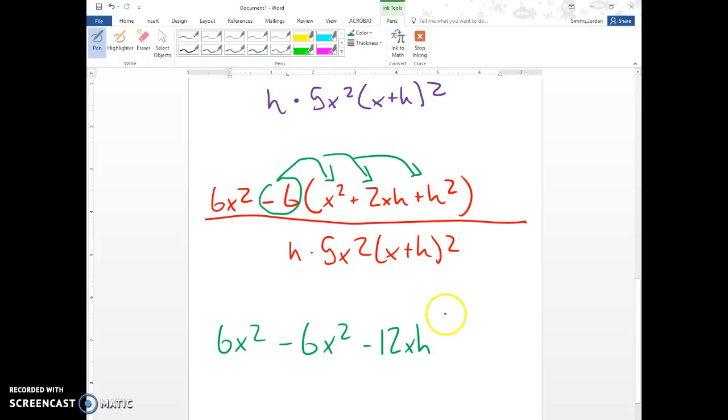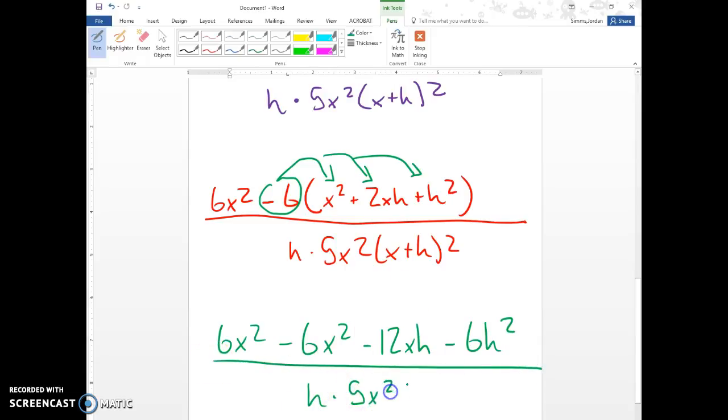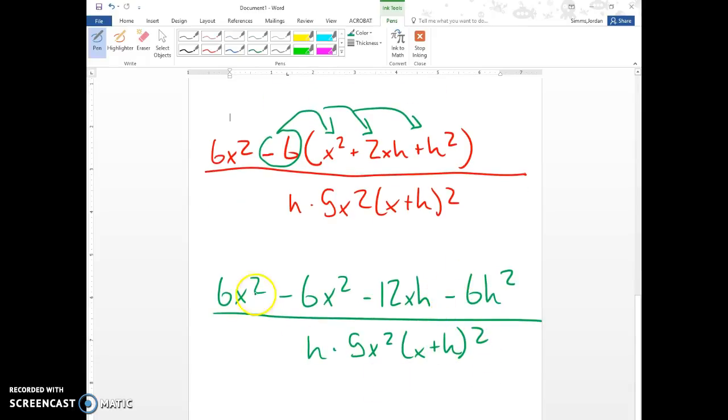Minus 6 times h squared is going to be minus 6h squared, all over our messy denominator. Now, we have some like terms. Those are gone anyway, so we'll just cancel, we'll get rid of those.